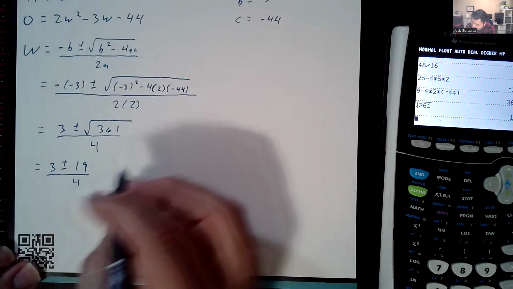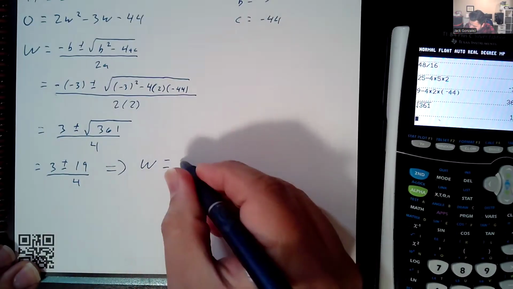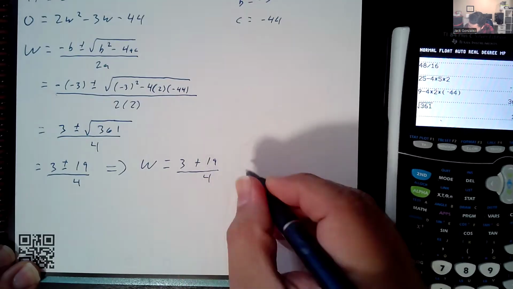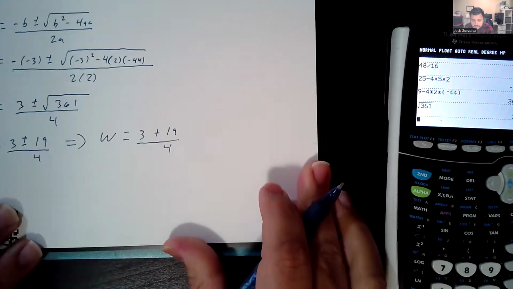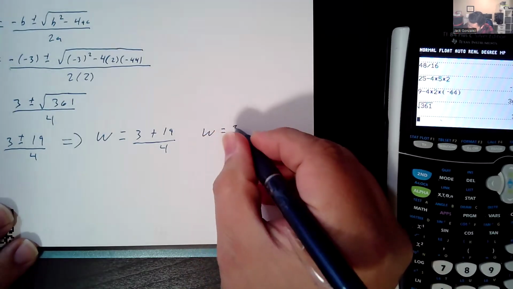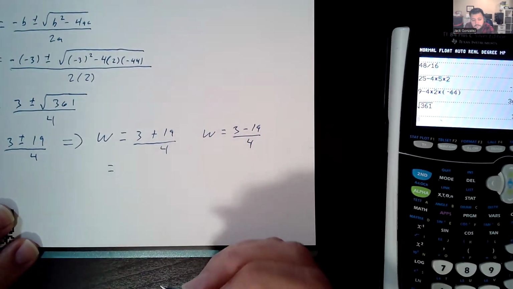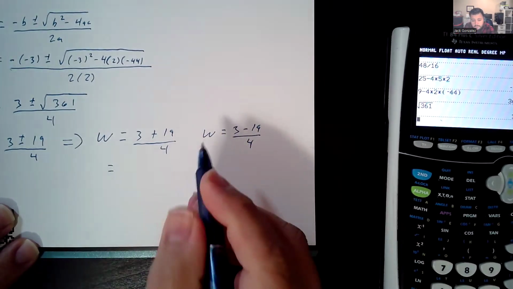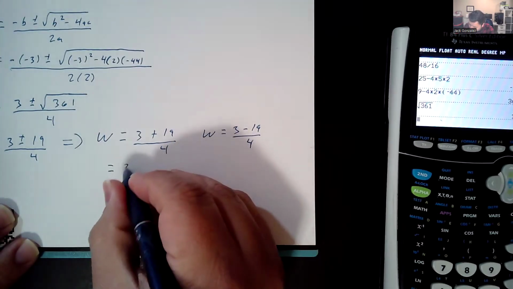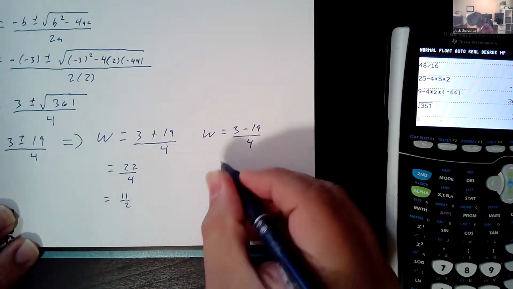So this implies, and put an implication arrow, that W is equal to 3 plus 19 over 4, or, yeah, that's going to be both, W is equal to 3 minus 19 over 4, which will give us 22 over 4, which is 11 over 2.